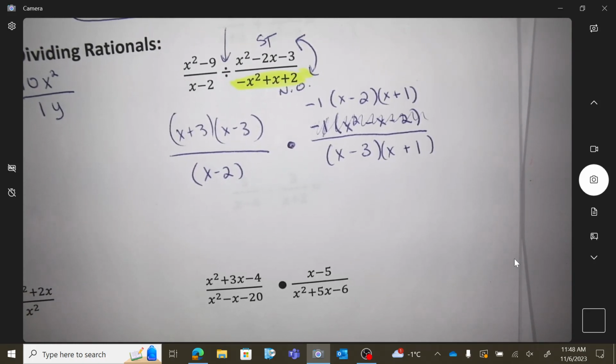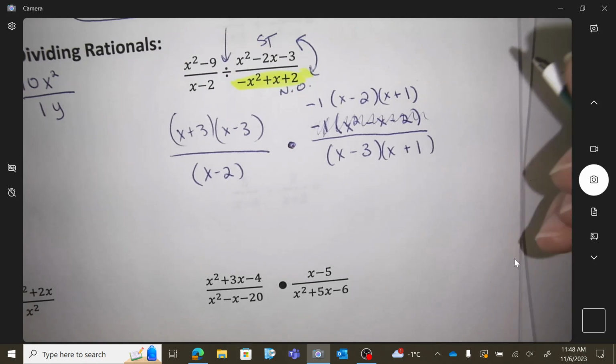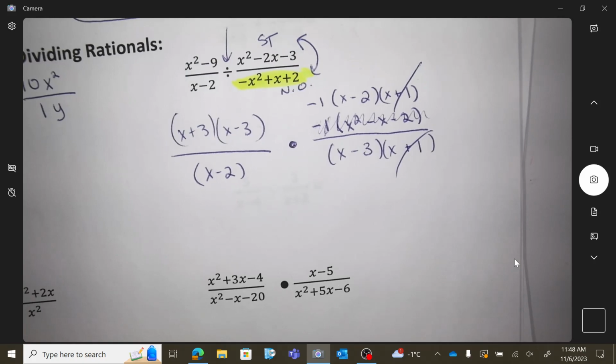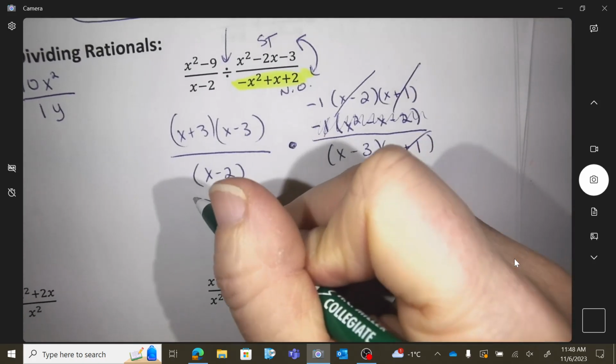Okay, we're ready. We factored. Now we look for cancels. Do you see anything from a top bottom? So I can see x plus 1, top bottom. I can see an x minus 2 on a top and a bottom.